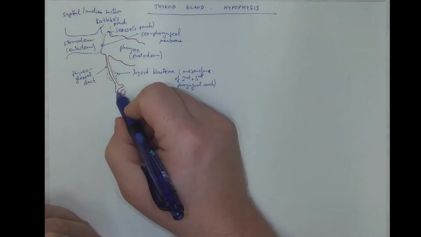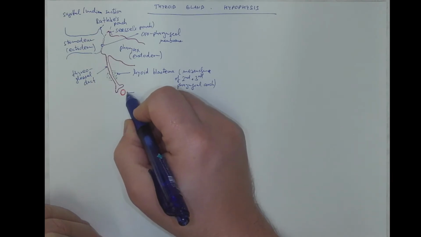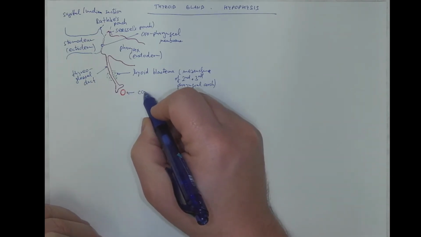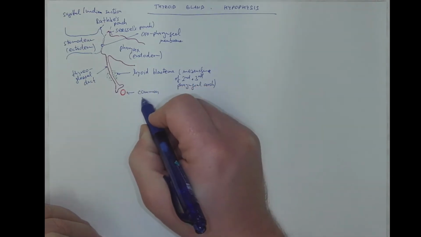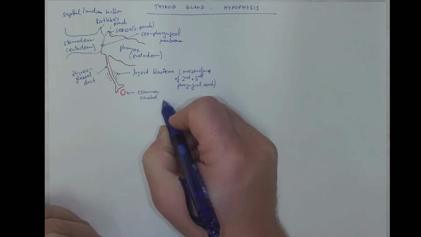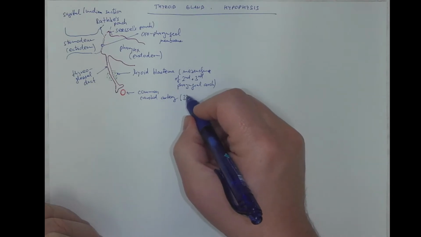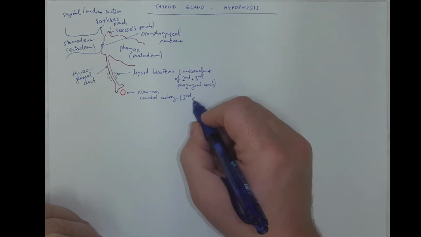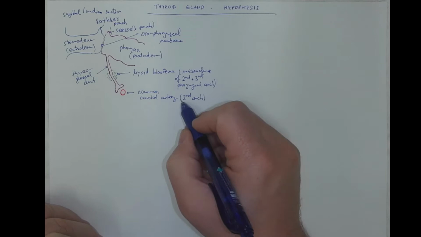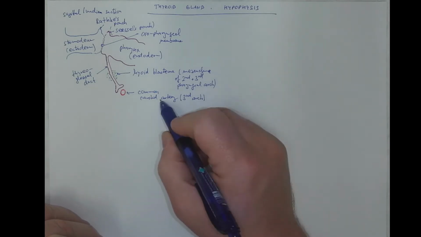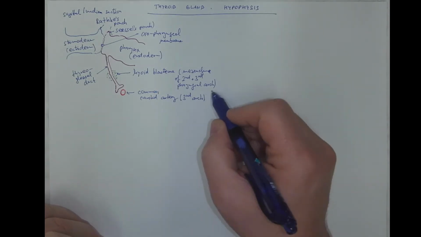And the end of the thyroglossal duct grows towards the common carotid artery, which is the artery of the third pharyngeal arch, because it's the third aortic arch running through the third pharyngeal arch.